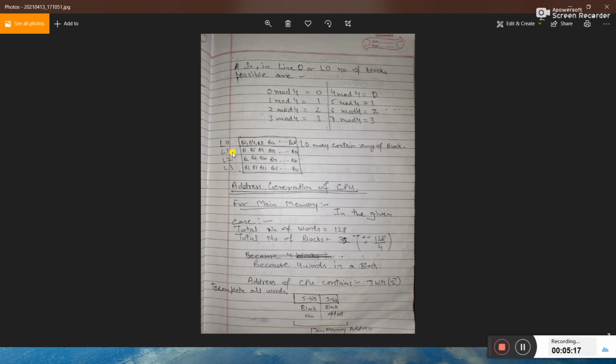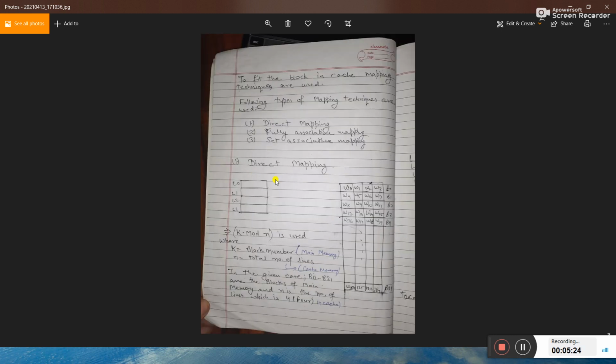So line number 1 can contain only block number 1. Line 1 may contain W4, W5, W6, W7, any of this data, right? So all these data bytes can come in line number 1.